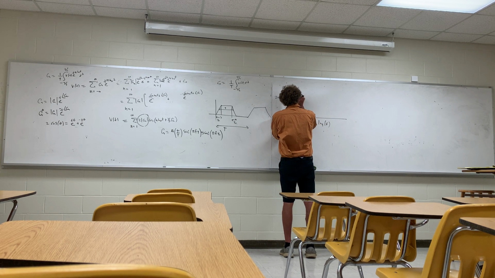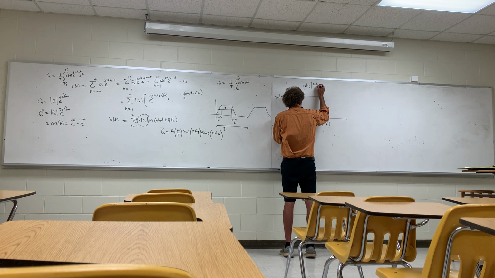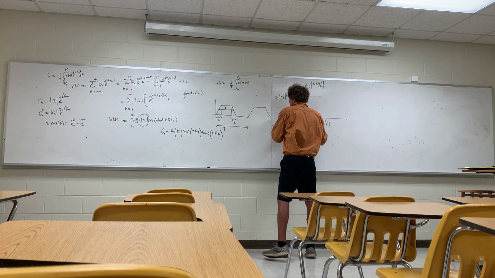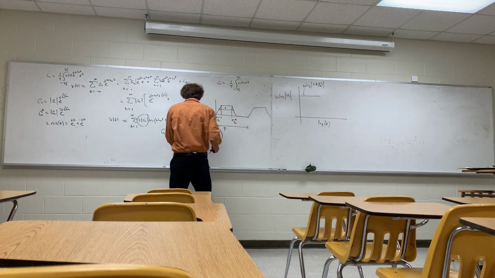When we look at this, you're going to have this value right here will be simply 20 times the log of the magnitude of 2 times A times tau over 2. It's this coefficient right here. Let me just do this for you.